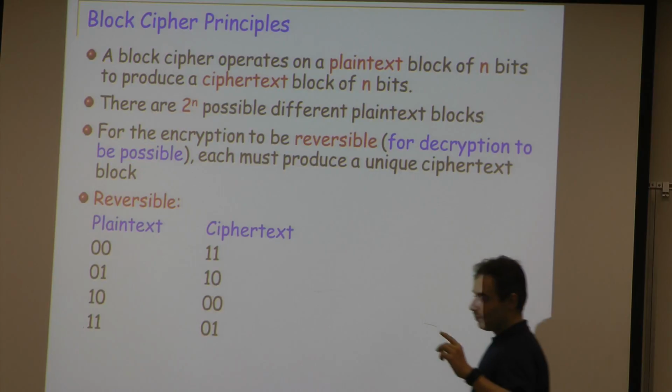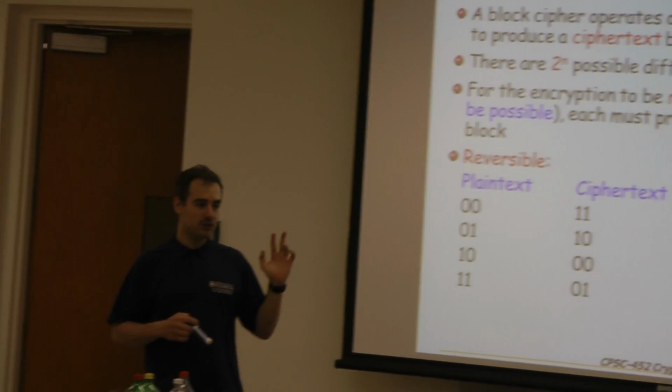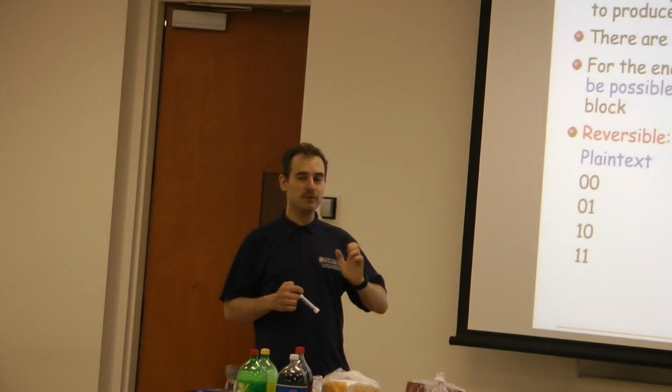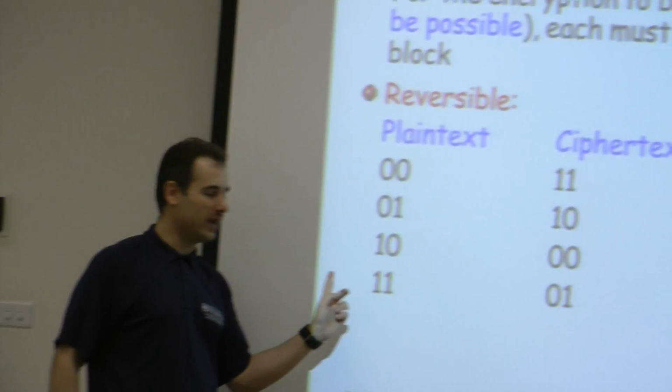Now, if my block cipher is 2 bits in size, how many possible plaintext blocks can I have? That's all the possible blocks I can represent with 2 bits: 00, 01, 10, and 11.